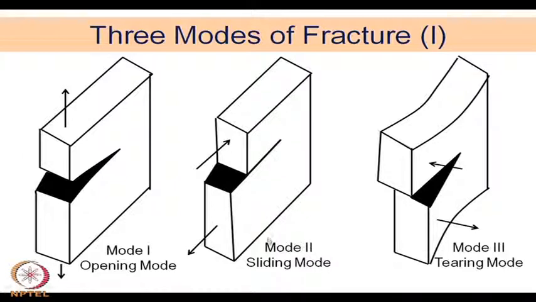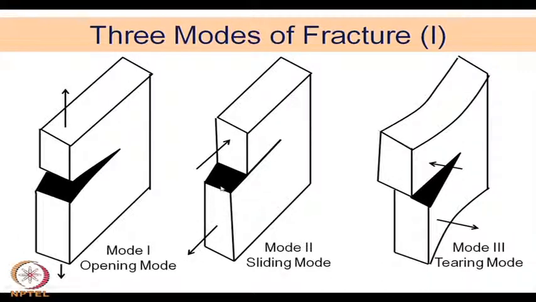In the second mode, the direction of the stress is once again perpendicular, but in a different direction. So, one side of the sample around the crack is being compressed, the other being expanded or under tensile load.